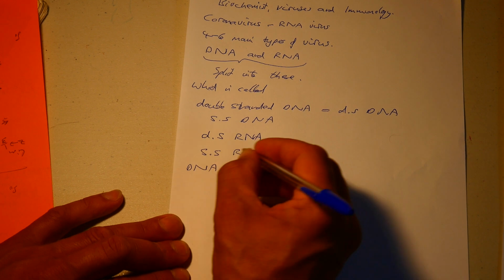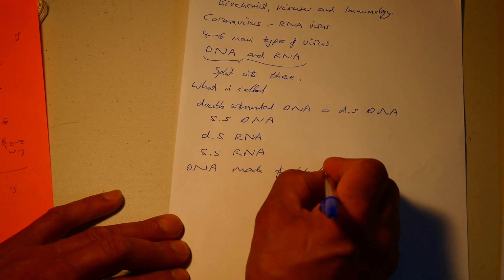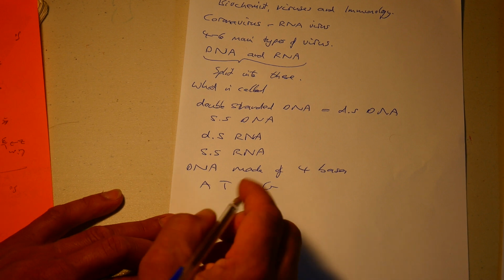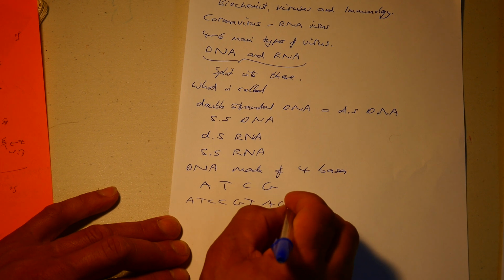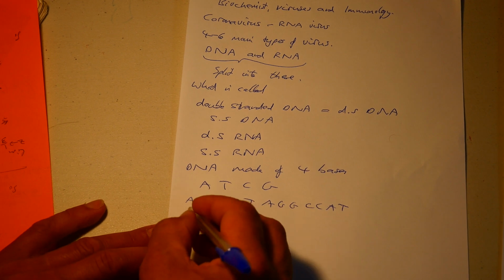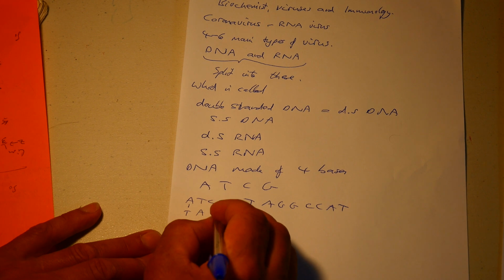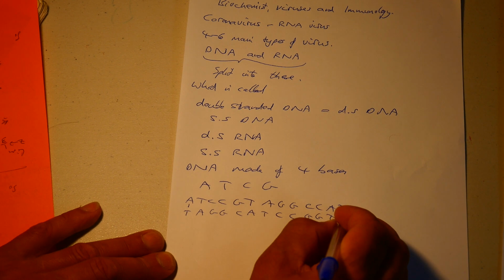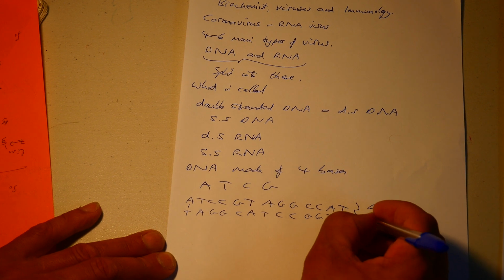Okay? DNA, as you know, is made of 4 bases, A, T, C, and G, which form sequences like that, which bond to a complementary one. So this is a DNA section.